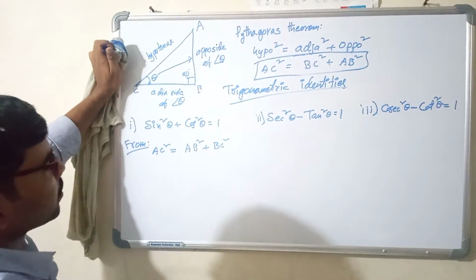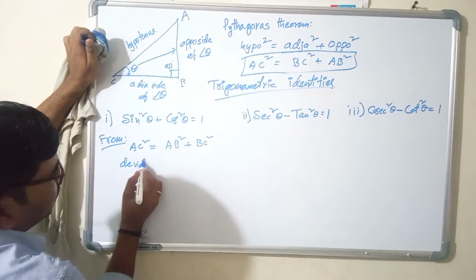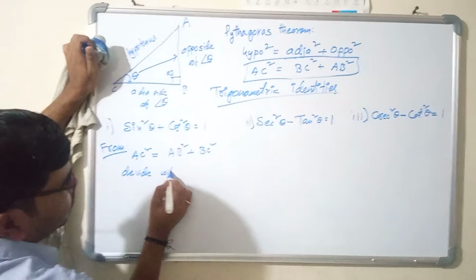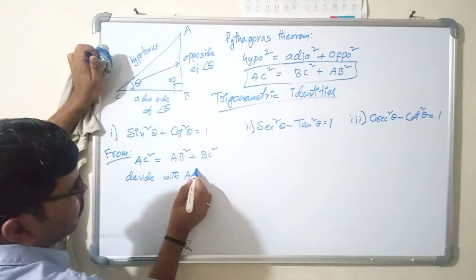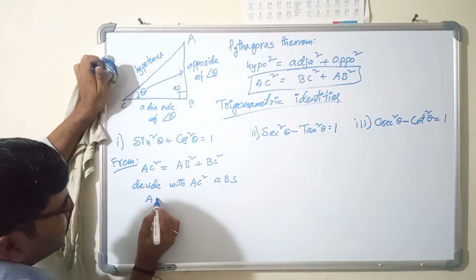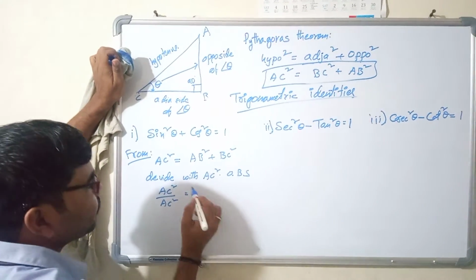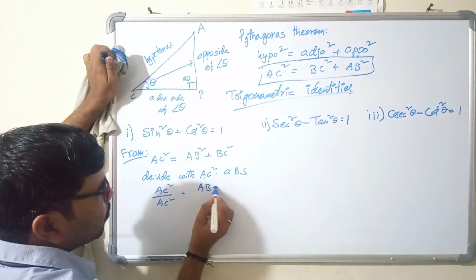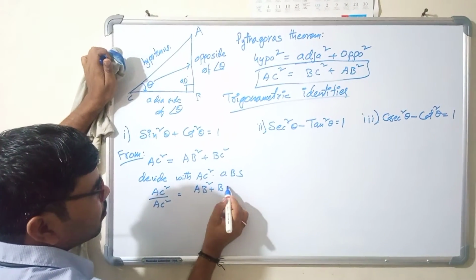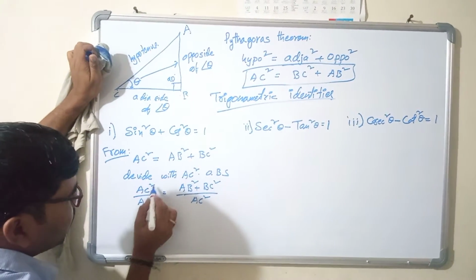This is the equation. If we divide this one with AC square on both sides, that is AC square by AC square, that equal to AB square plus BC square by AC square.